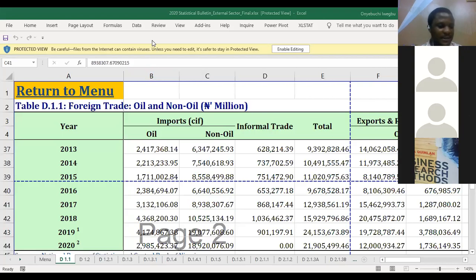I need some answers. Nobody is saying anything? Sir, the question again, please. I said, looking at this data now, what can you say about the nature of Nigeria's import as an aspect of openness in the goods market?